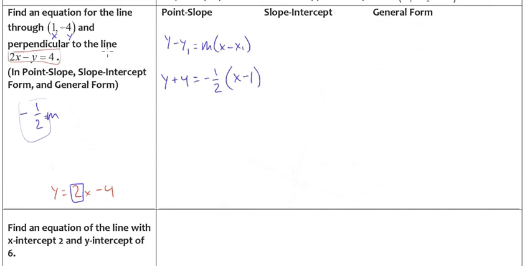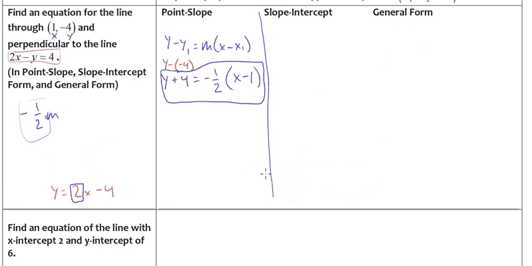Again, this was y minus negative 4, and over here x minus 1. So we get the equation y plus 4 is equal to negative 1/2 times x minus 1. There we go. That's our point-slope form, and we got there pretty quickly.